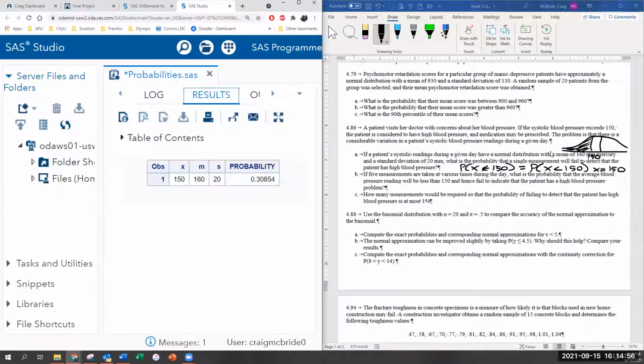So then the second question is, okay, what if we take 5 measurements during the day? What's the probability that the average of those 5 measurements will be less than 150? Well, wouldn't you think that because the average of all the measurements is 160, the more random measurements we take, the closer that average should get to 160, right? So if we take 5 measurements, the likelihood of that average still being less than 150 should be substantially less.